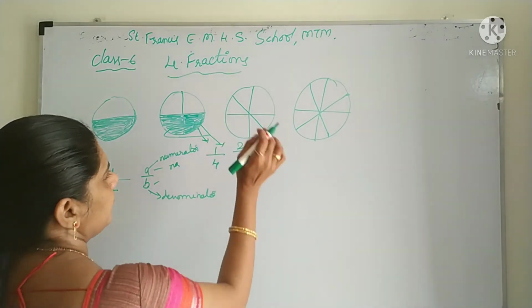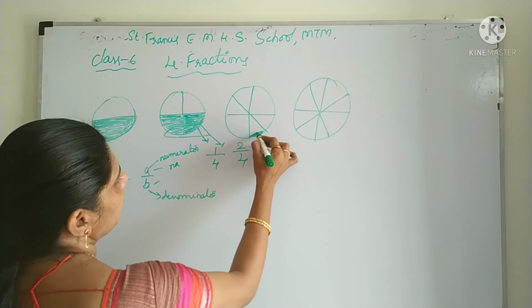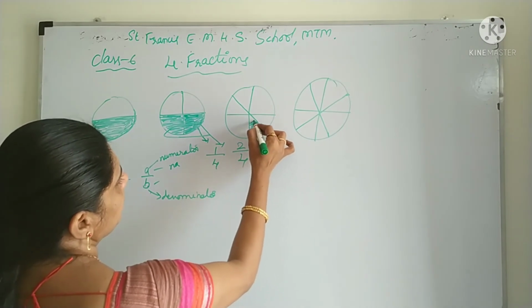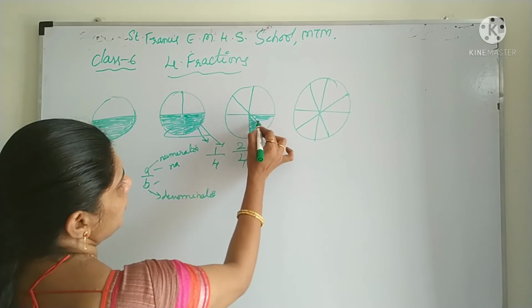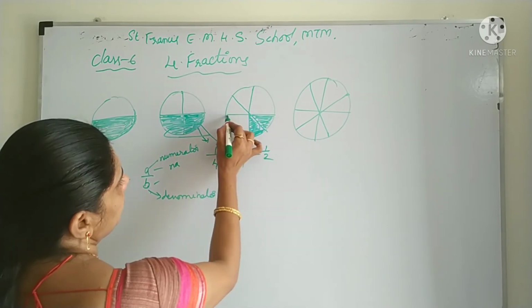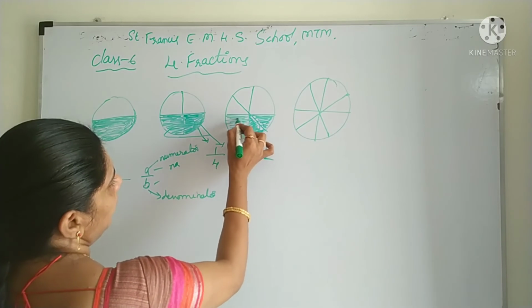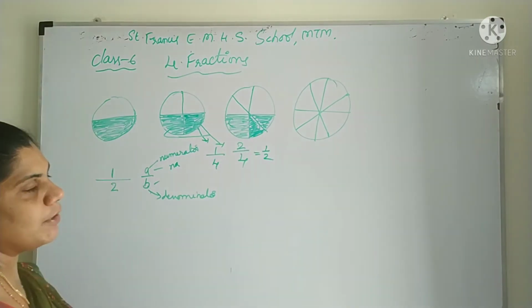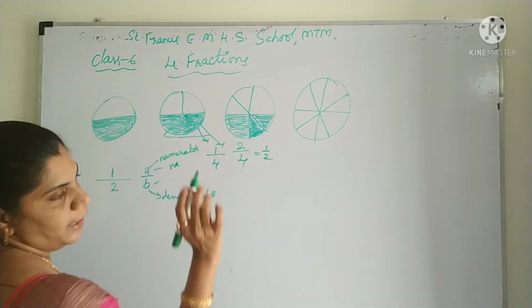Now see here. Like this, I want to shade three parts. Here in the circle, how many parts have I divided? A total of 6 parts I have divided here. Among the 6 parts, I have shaded 3 parts.